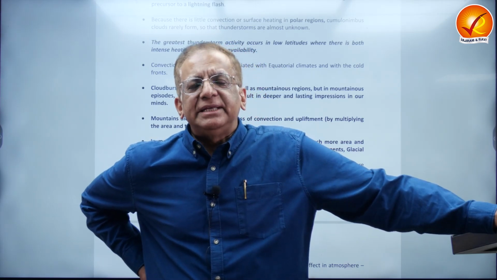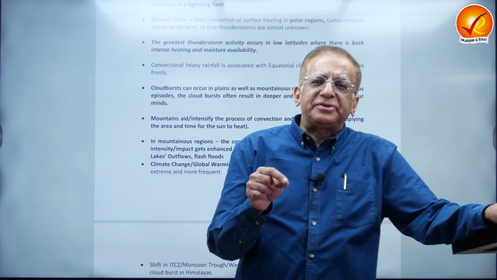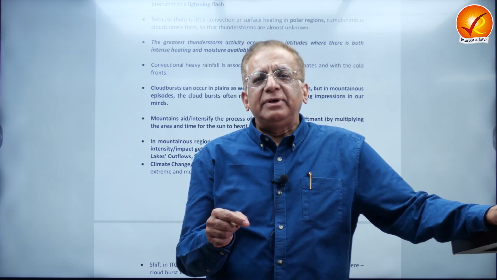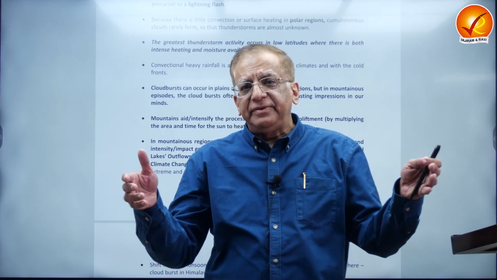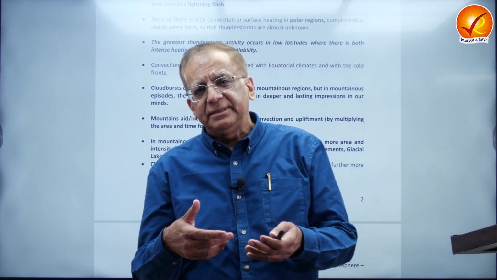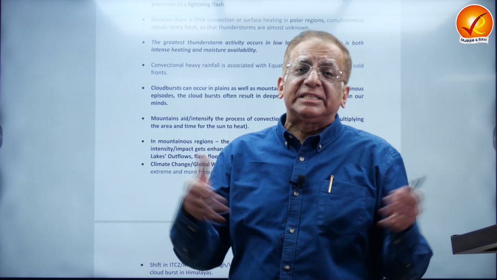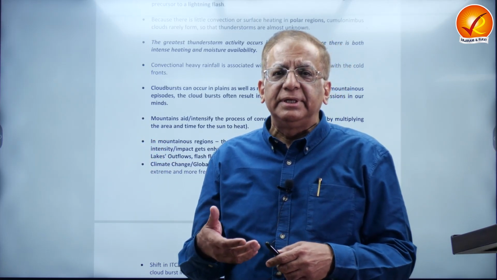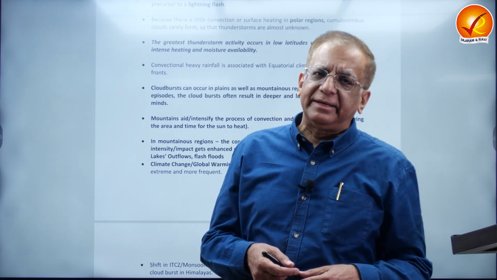So basically, when this tragedy happens in a mountainous region, you will have the areal extent as well as the intensity of it. The whole impact will get widespread, and the intensity and the impact will be many-fold what it would have been in a plain area.